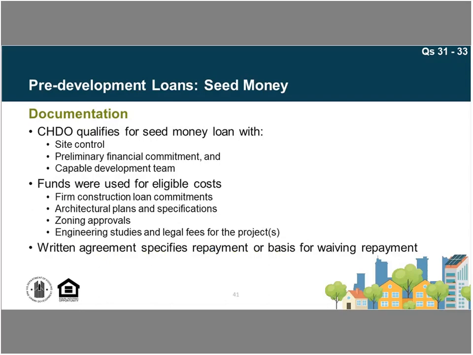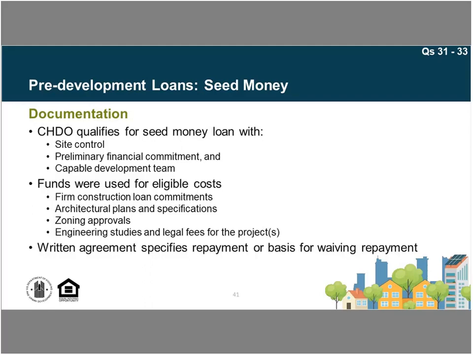And some PJs may also have this as a tiered approach, where first you can use funds for, let's say, a market study. If that comes back supporting the project, then your written agreement would say they then could proceed with getting an option on the property for site control, going through architectural plans, specs, those sorts of things. A lot of times pre-engineering will be part of that. So again, that written agreement needs to be part of your documentation, showing that they have followed the criteria that you have put in place.